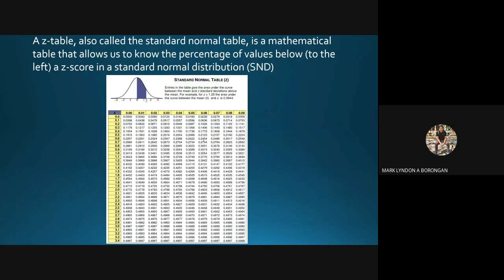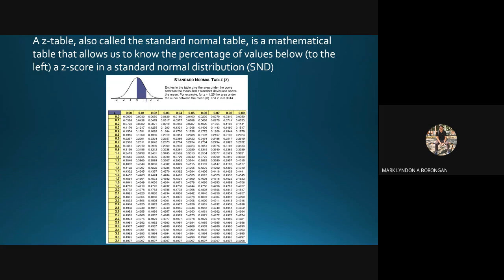Okay? By the way, this is our z-table. A z-table, also called the standard normal table, is a mathematical table that allows us to know the percentage of values below, to the left of, a z-score in a standard normal distribution.